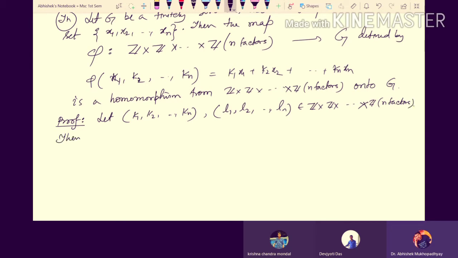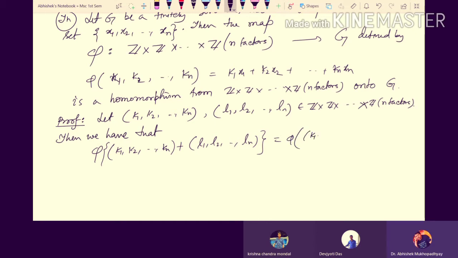Then we have that phi of (k1, ..., kn) plus (L1, ..., Ln) equals phi of (k1 + L1, ..., kn + Ln).